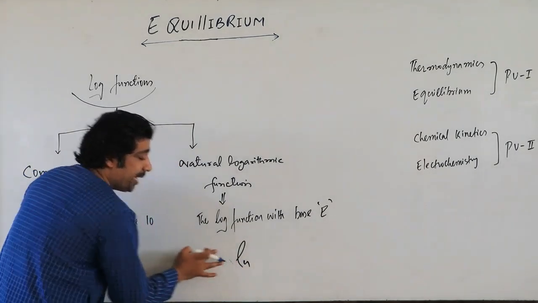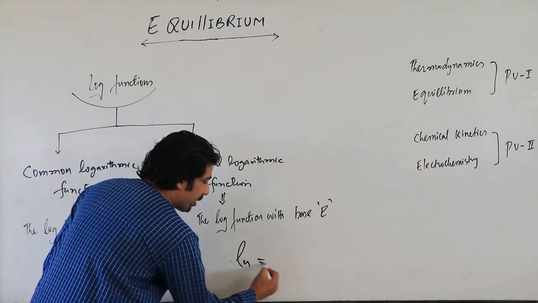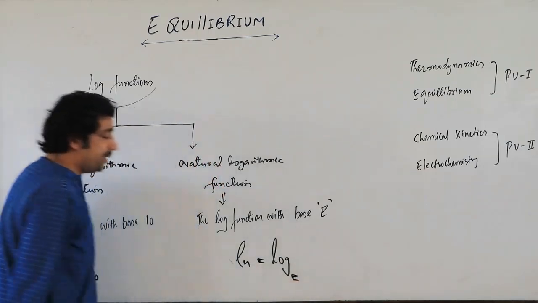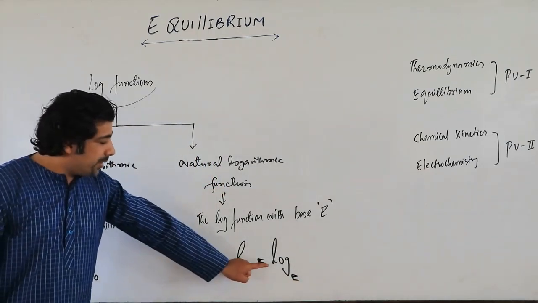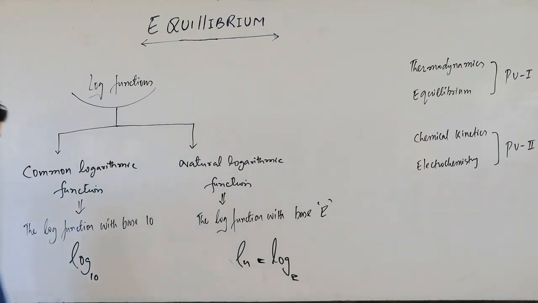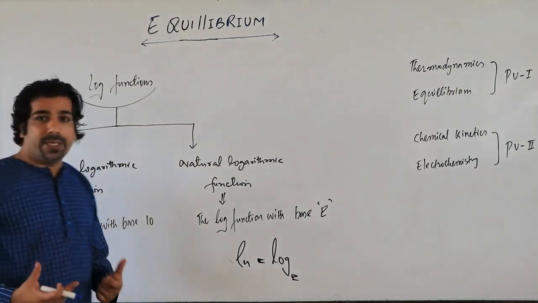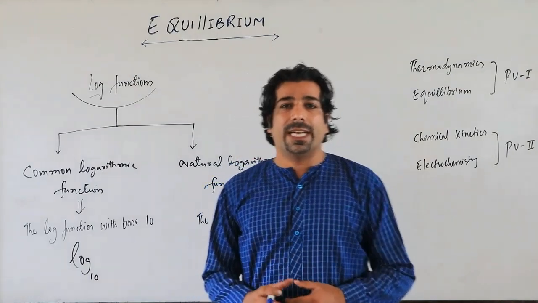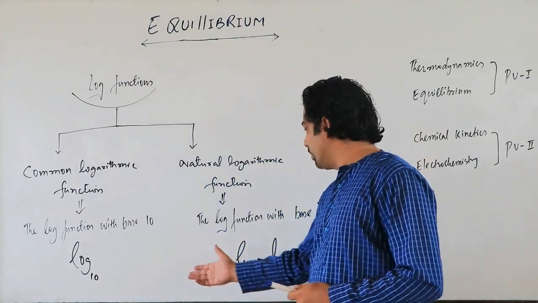You can represent it by ln, and then you can write that it's equal to log to the base e. So this is your natural log function, and this is your common logarithmic function, my dear friends. How to use them to solve the problems in chemistry, we will get to know about that. Please make note of this.